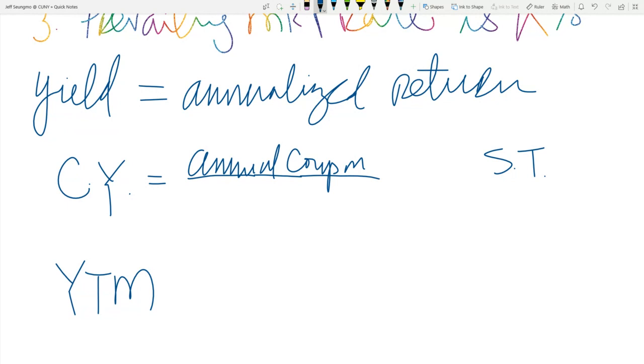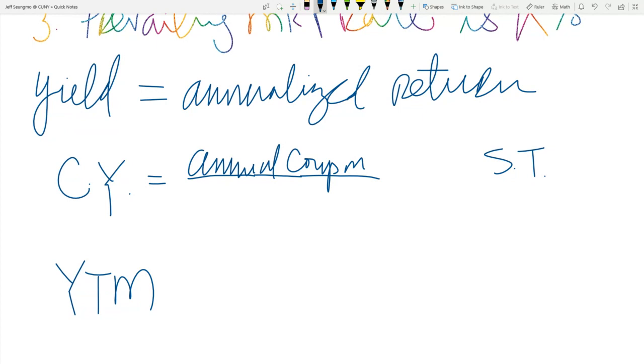There's nothing else you can earn in 1 year than just the annual coupon payment. That means you're not selling it. You're just holding it for 1 year.